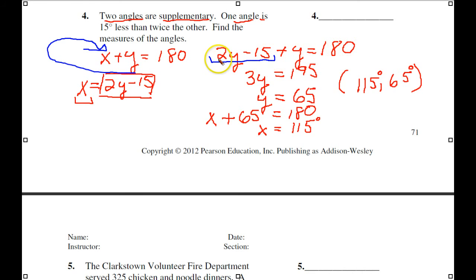Now I have an equation with just one variable, which I now solve. Group like terms, transpose the negative 15, I get this. Divide both sides by 3, I get this. That is my y value. I then put it there. I solve for x. X is this.